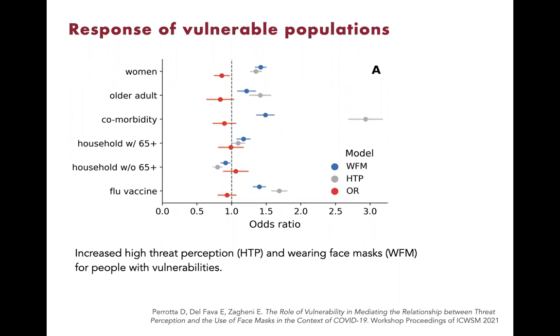For example, across all countries, we found that all individuals with certain types of vulnerabilities, that is, being an older adult, having a comorbidity, or living in households with at least one older adult, and being vaccinated for influenza, were more likely to wear a face mask than those not having these characteristics, for example, the households without people aged 65 plus.